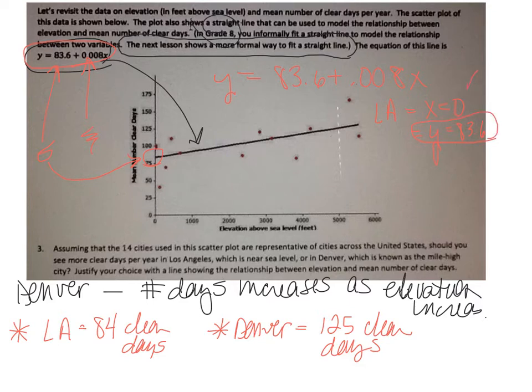This represents sea level: x equals 0, your elevation equals 0, and the number of clear days equals 83.6.